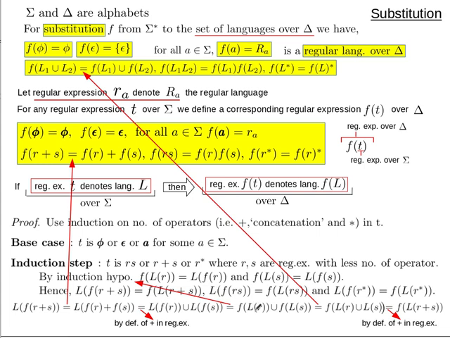So L of f of r you replace by f of L r, and similarly here, right? And then this to this we use this property. Okay, from here to here, and then again by the definition of regular languages.